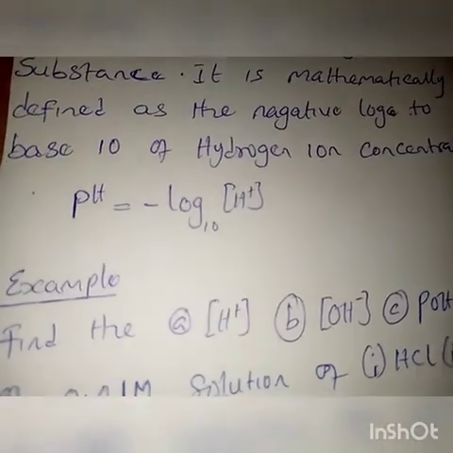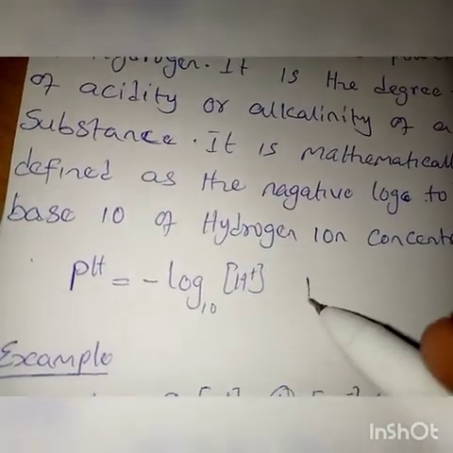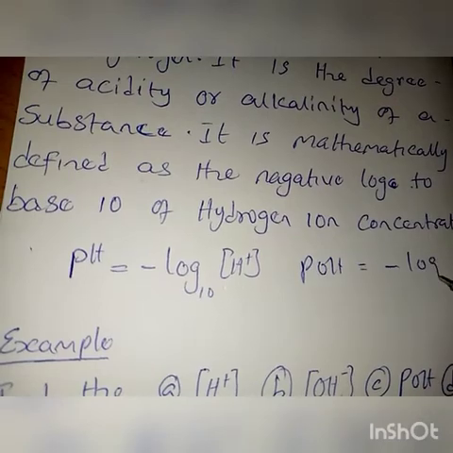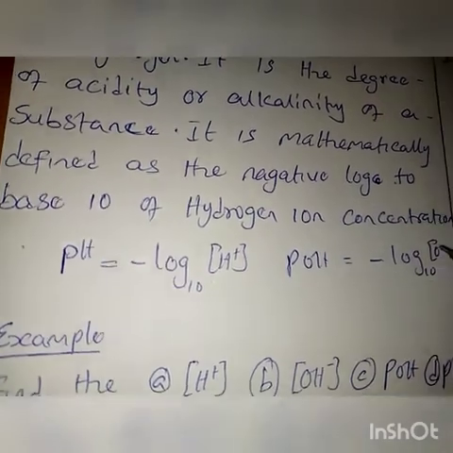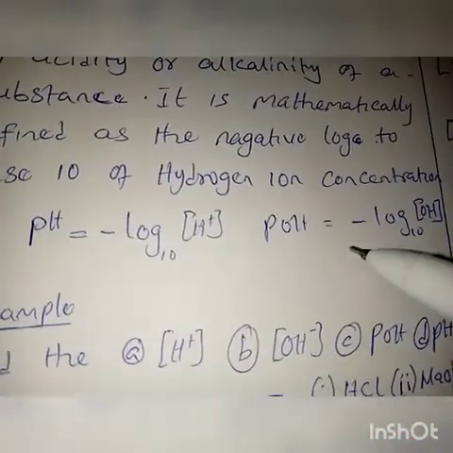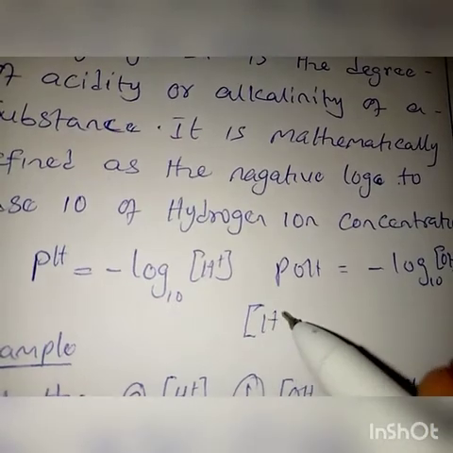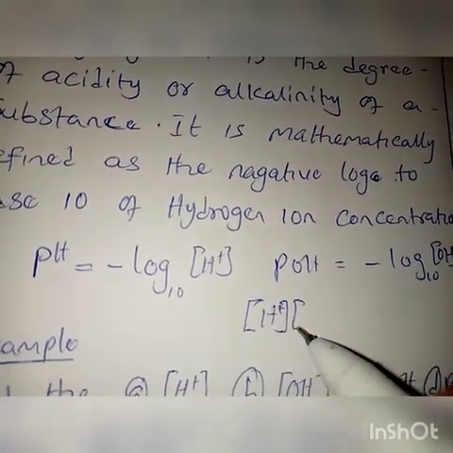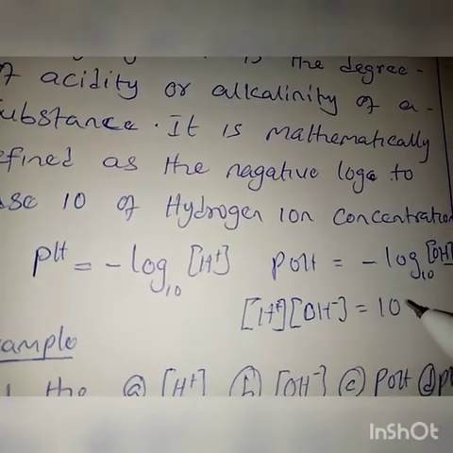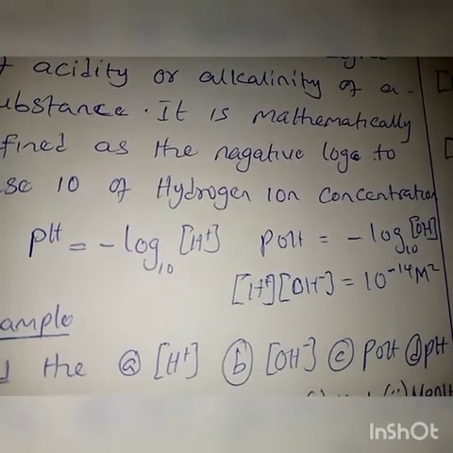The POH is negative log to base 10 of hydroxide ion, that is, POH is equal to negative log to base 10 of OH minus ion concentration. And then one thing we have to keep at the back of our mind is that concentration of H plus multiplied by concentration of OH minus is always equal to 10 raised to power minus 14 molar square.